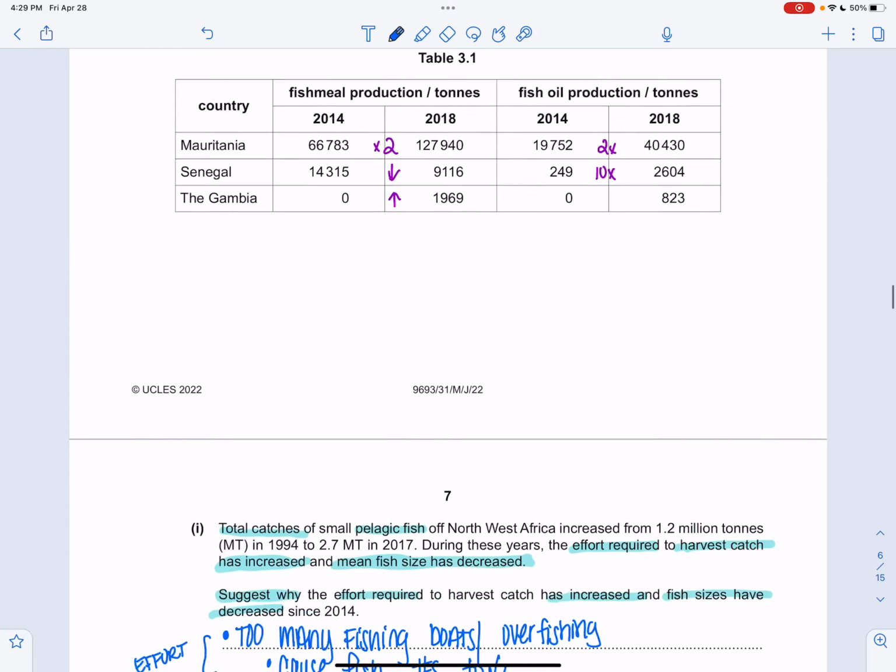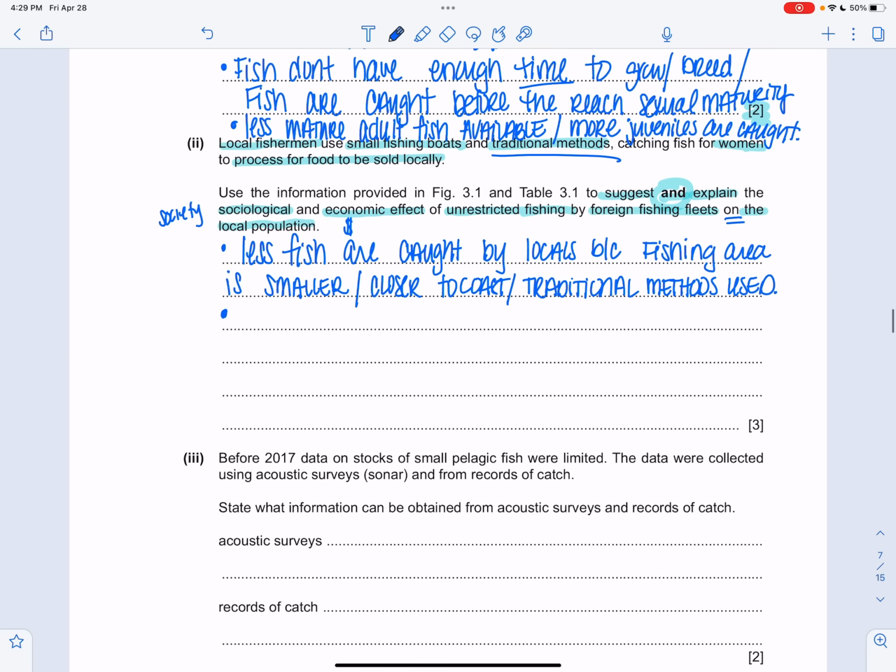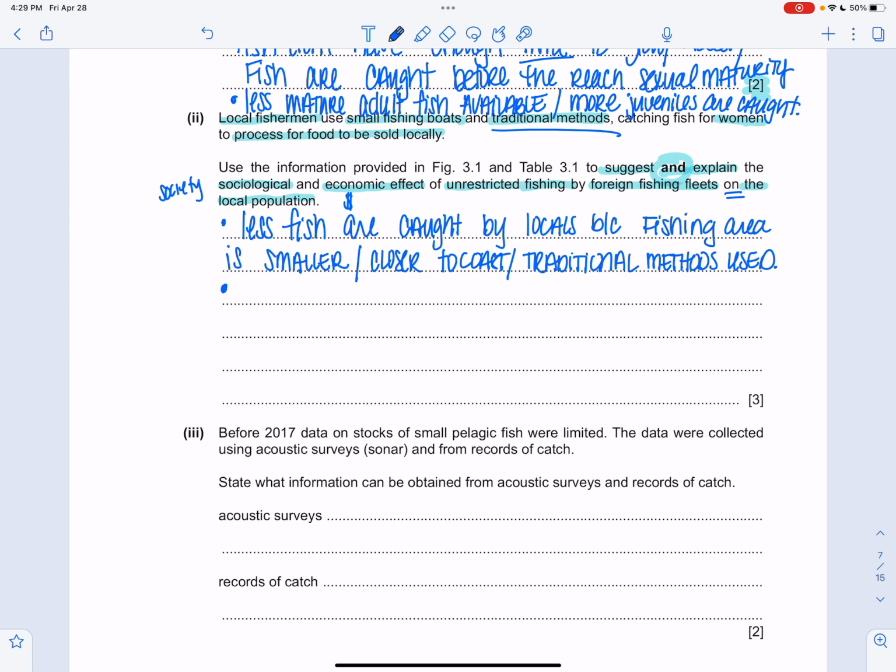Okay, and I'm going to scroll back to the top. Something else they mentioned is that the foreign-owned factories, and you can see them, so here, all these little ones. The foreign-owned factories use the fish to produce fish meal and fish oil for exports. Foreign companies use their own supplies.